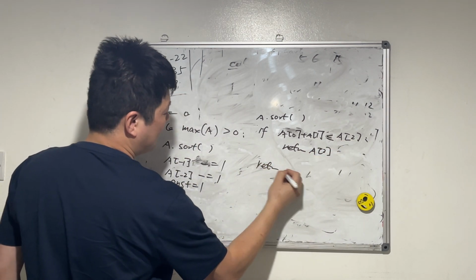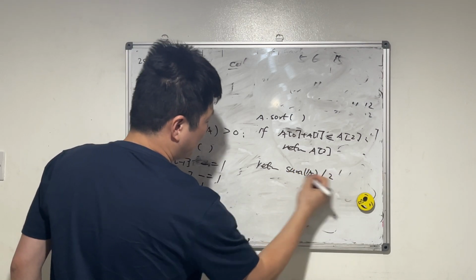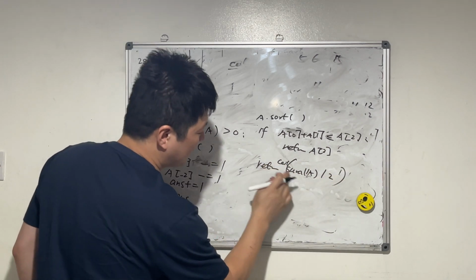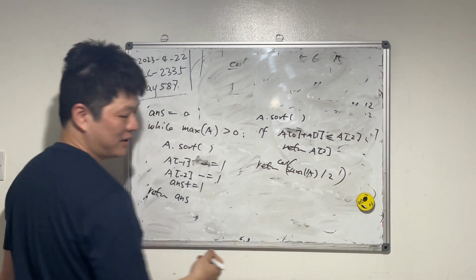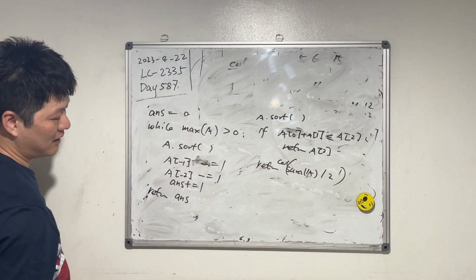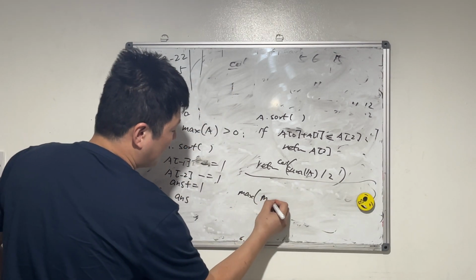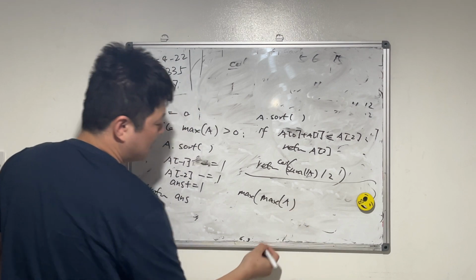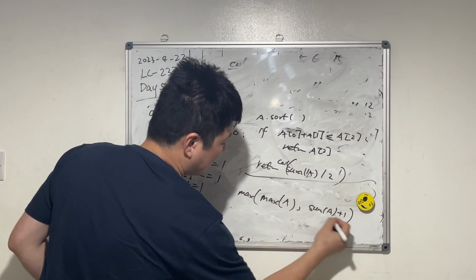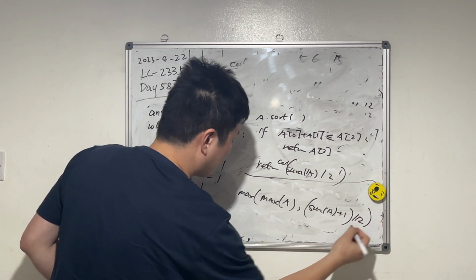Otherwise, we return sum of A divided by 2, and we do the ceiling function. Alternatively, we can do sum A plus 1 divided by 2. This is also okay. Or we can return the max of max A, or sum A plus 1 divided by 2. This is also okay.